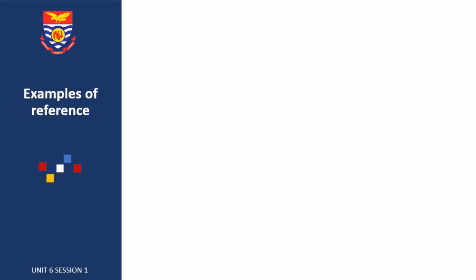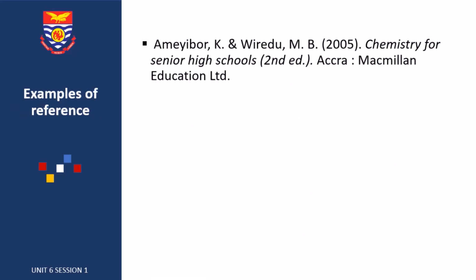So let's look at some examples. We have this reference here. Now let's see. So we have the surname of the author in full. Then it is followed by a comma over here. After the comma, we have an initial of the author's first name, and we have a full stop over here.